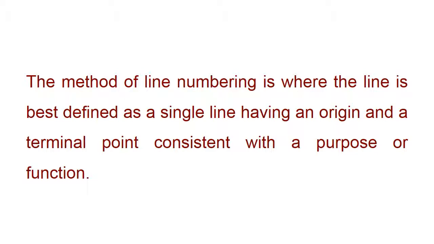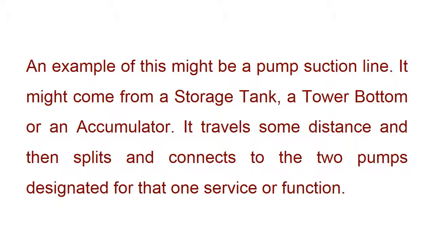In the method of line numbering, a line is best defined as a single line having an origin and a terminal point consistent with the purpose or function. An example of this might be a pump suction line. It might come from a storage tank, a pot bottom, or an accumulator.